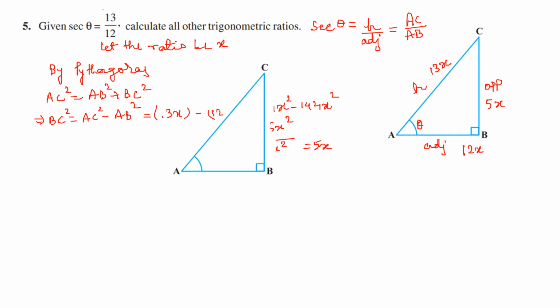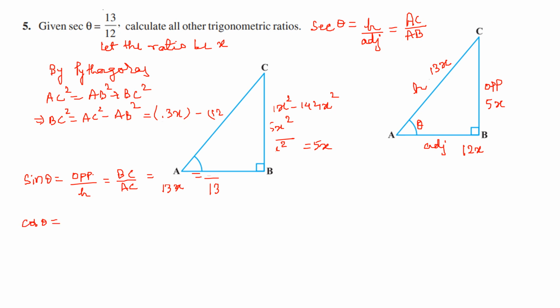Now let's find all the trigonometric ratios. First we'll start with sine theta. Sine theta is opposite by hypotenuse. So opposite is BC by AC. BC is 5x, AC is 13x, x and x cancel, so it is 5 by 13. Right? Now next is cos theta.